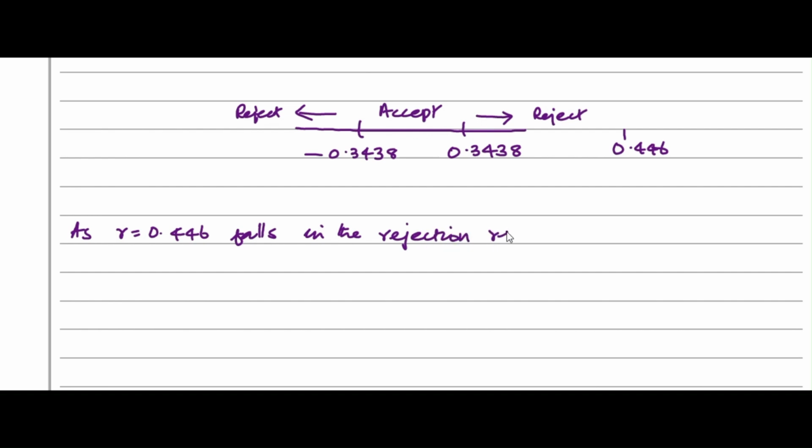There is sufficient evidence to reject H0. And hence we also need to have a contextual explanation there. This means there is positive correlation.